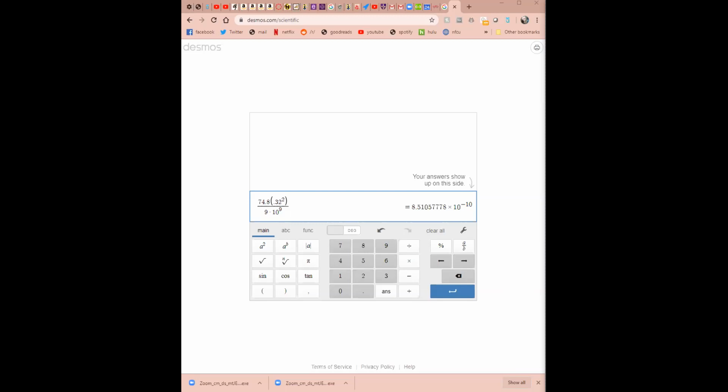So we've all seen this calculation before, right? Like we've all gotten something close to this point.